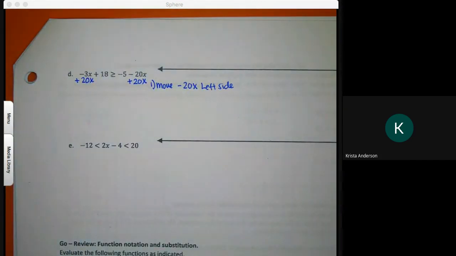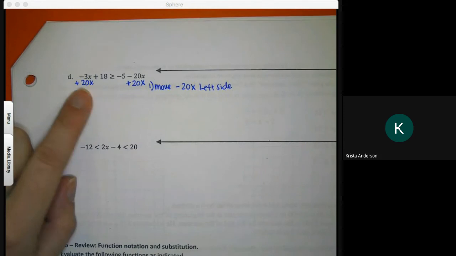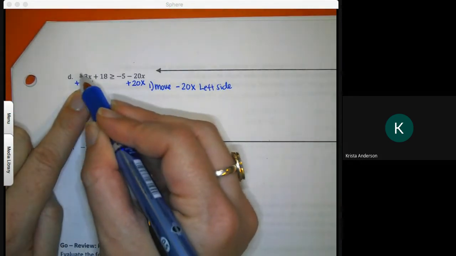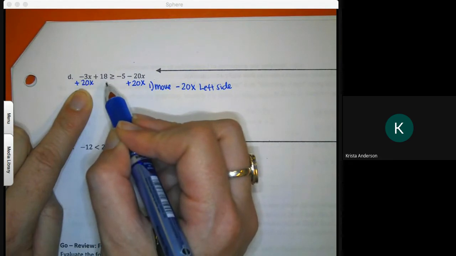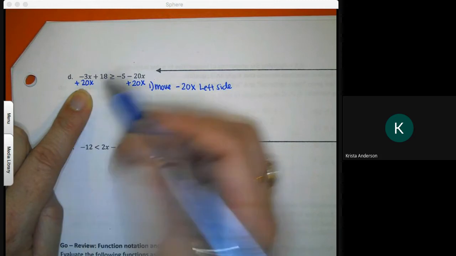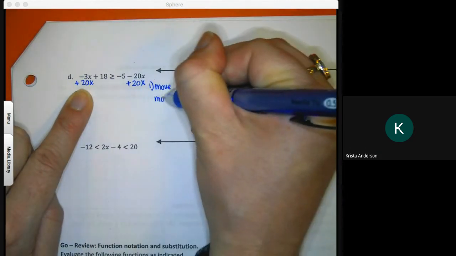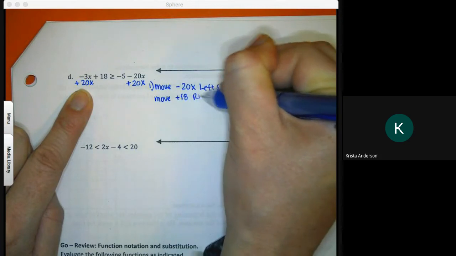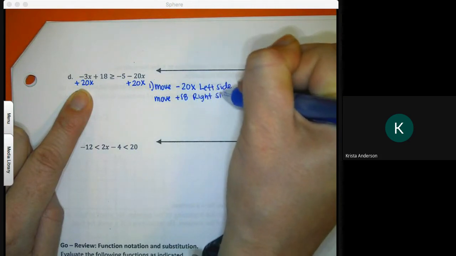If I move that 20 over, and I want these x's to be alone over here, that means that I need to move this 18 away from it. I don't want 18 to be stuck with these x's. So I'm going to move positive 18 to the right side.